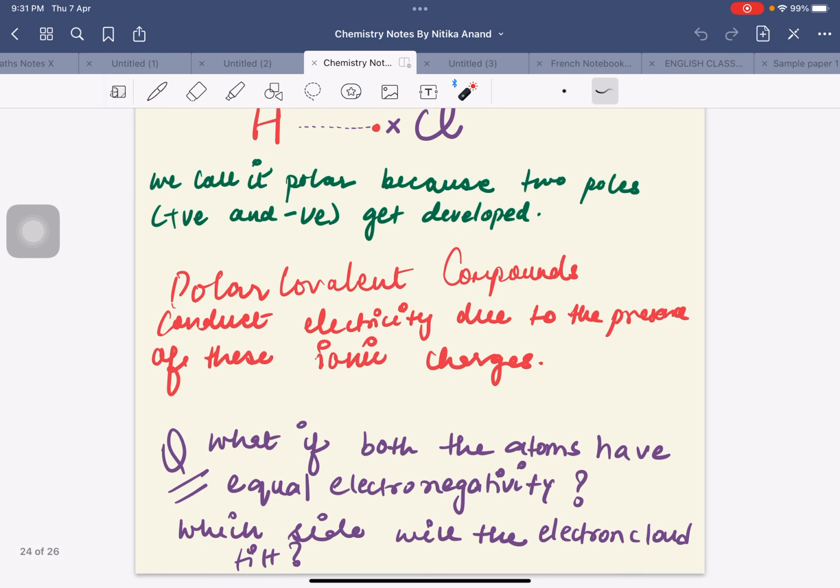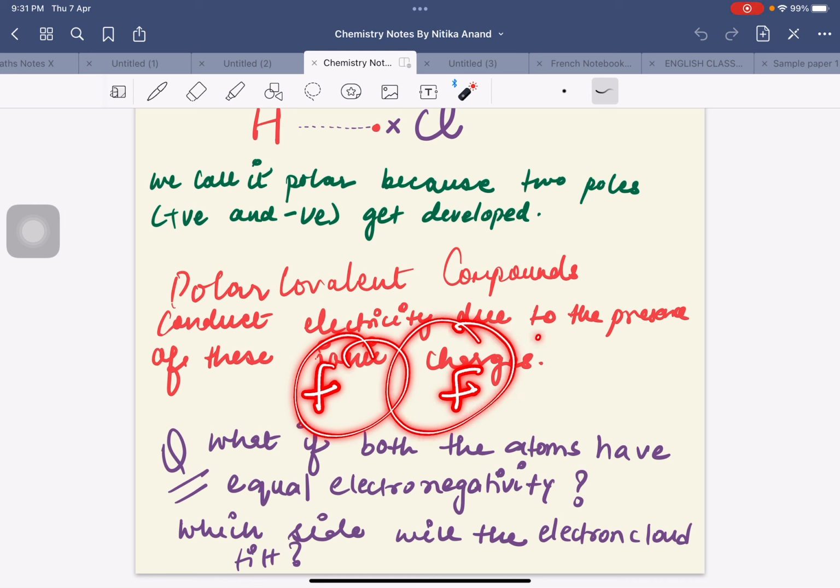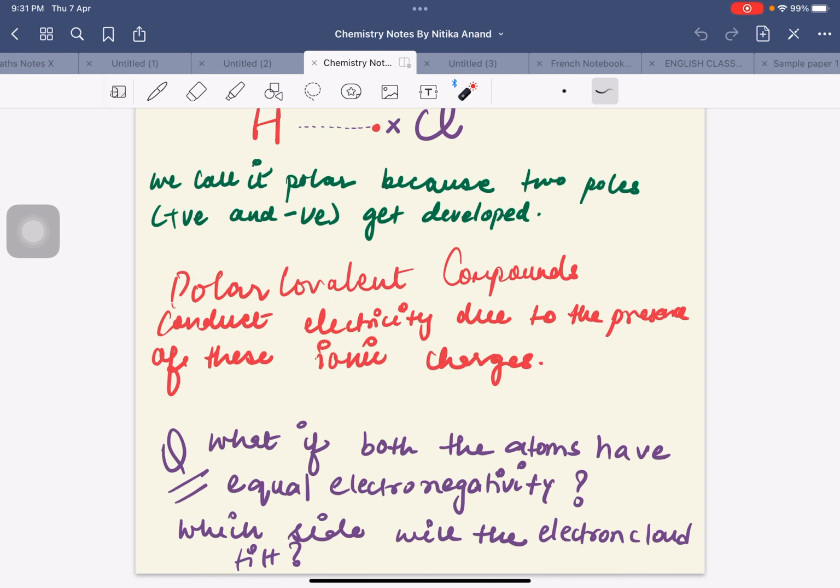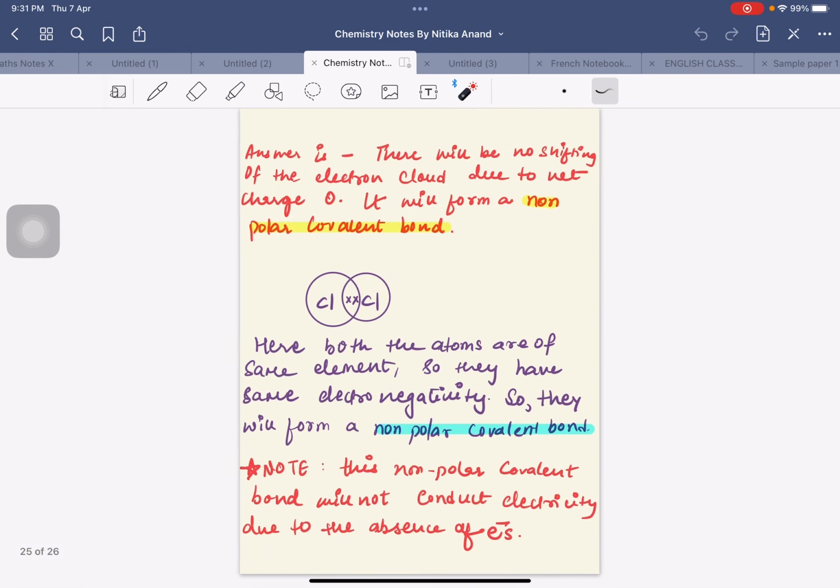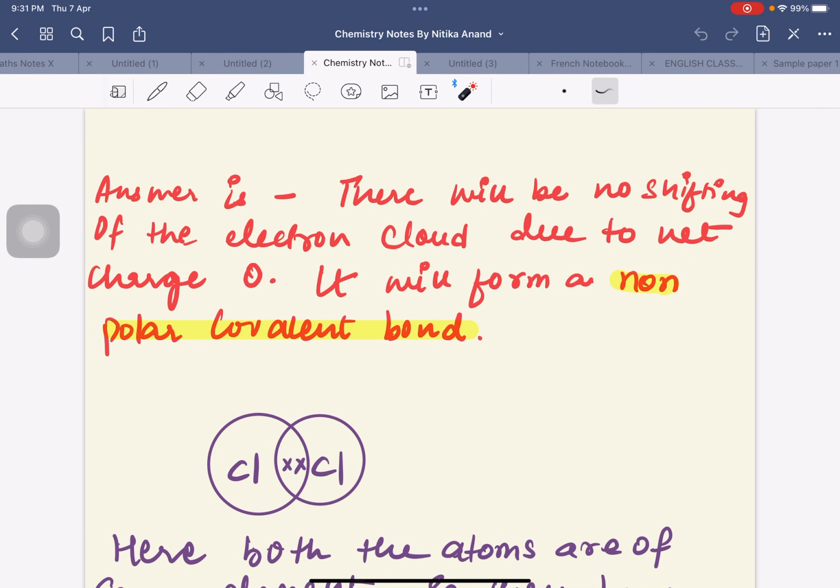Now the question is, what if both the atoms are the same? Let's consider one fluorine and one fluorine, which combine to form a molecule of F2. What if both of them have the same electronegativity? To which side will the electron cloud shift? The answer to this question is very simple. There will be no shifting of the electron cloud, as the net charge is 0.